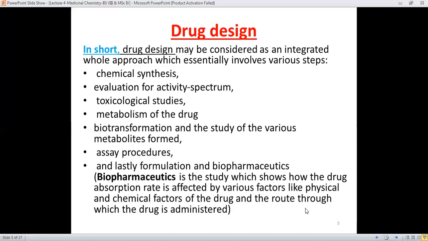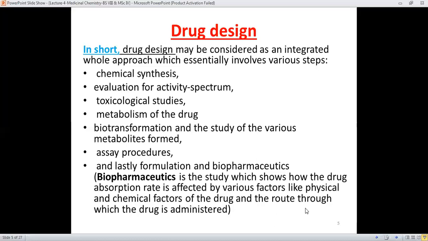Formulation means how the drug will be formulated, in which form: as a tablet, capsule, suspension, emulsion, or as an application like creams, etc. And what is biopharmaceutics? It's the study which shows how the drug absorption rate is affected by various factors.